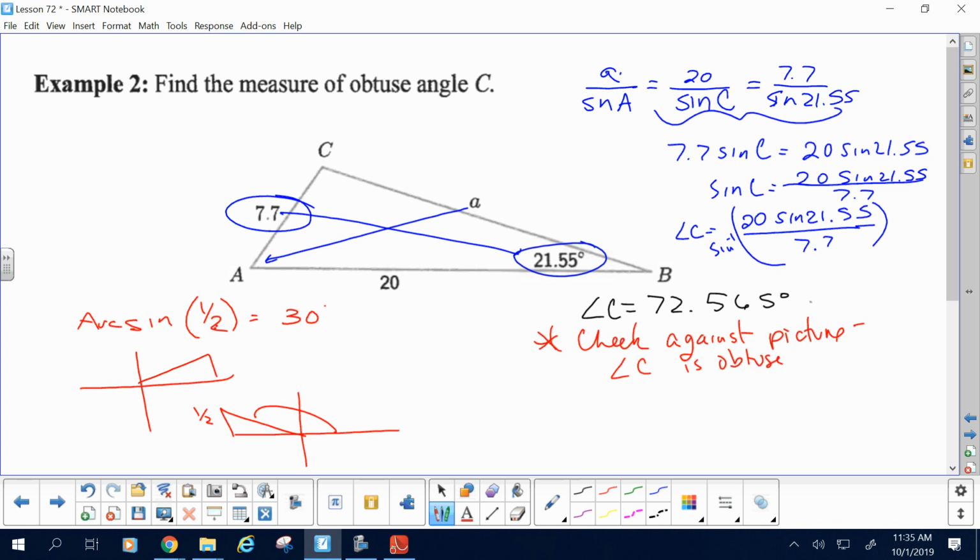So if you expect an obtuse angle, then the true answer is 180 minus the calculator's answer.